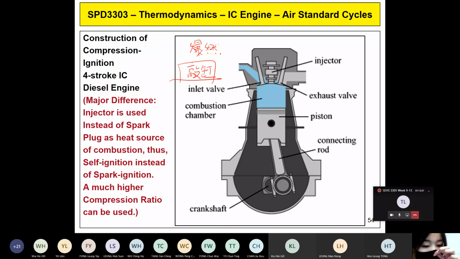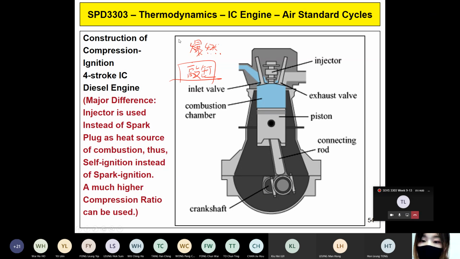So we cannot use the compression ignition system with gasoline. But we can use it for diesel fuel, because it is more stable than gasoline.